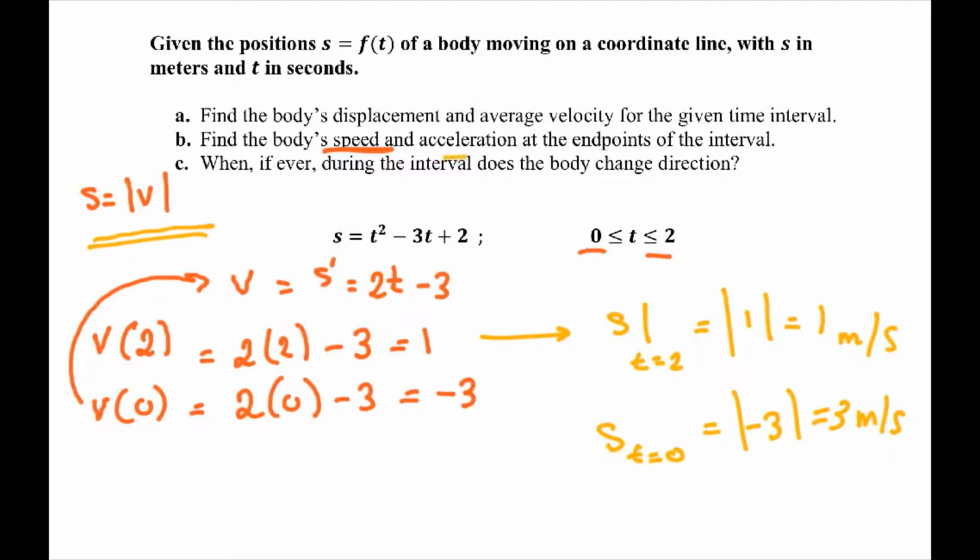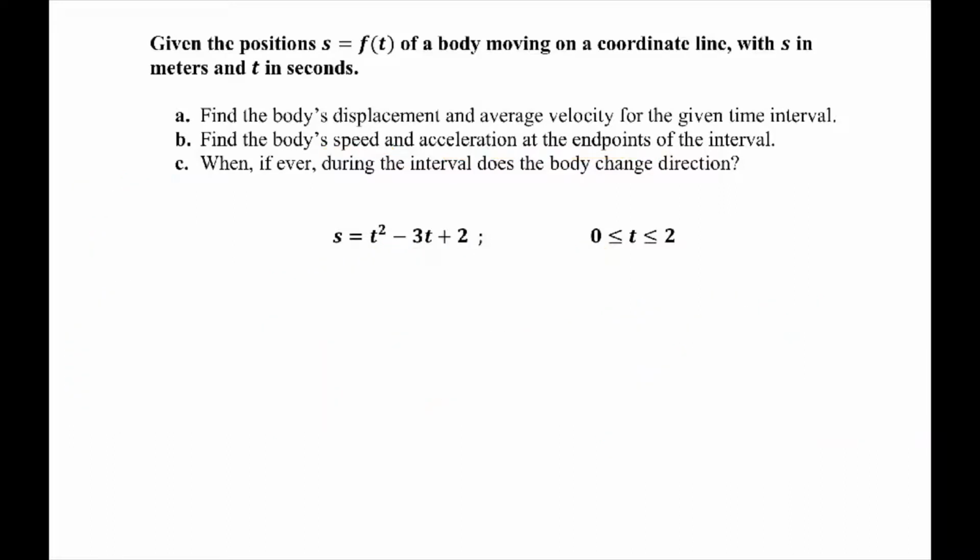Now we need to find the acceleration at the endpoints. Since we know the derivative of the position is the velocity, 2t minus 3, the derivative of the velocity will be the acceleration. So since v equals 2t minus 3, you can take the derivative of v, and that's going to be your acceleration.